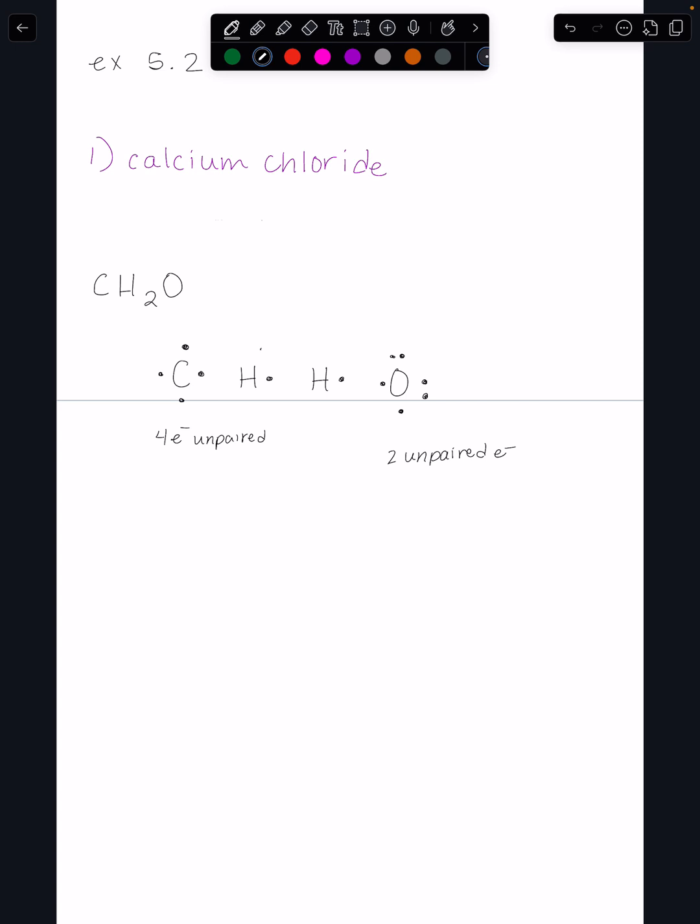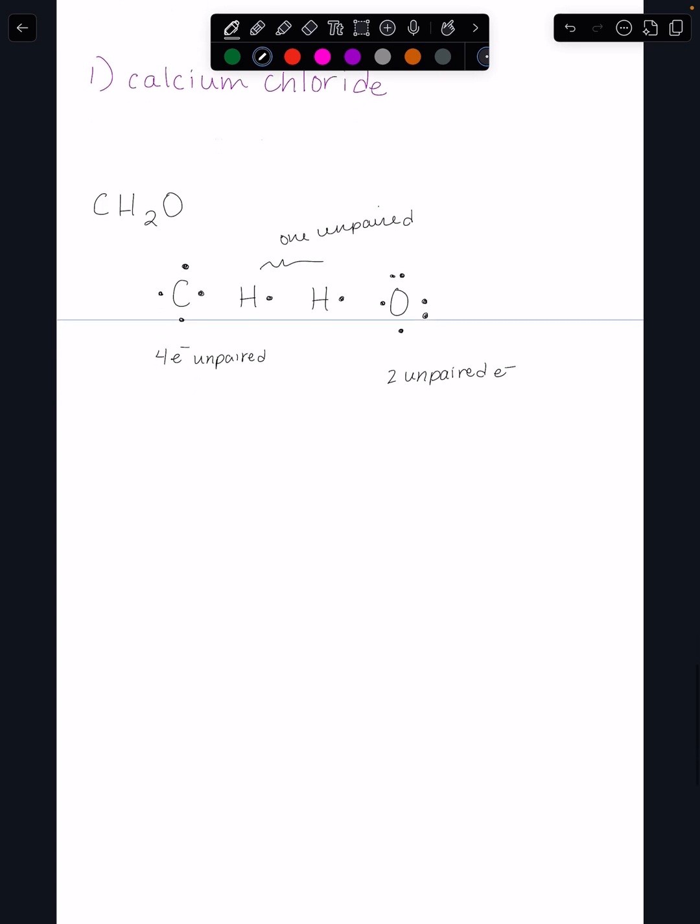And these each have 1. So carbon goes in the middle. Let's do our carbon with its 4 electrons. 2, 3, 4. And then you simply put the other ones around it right now.